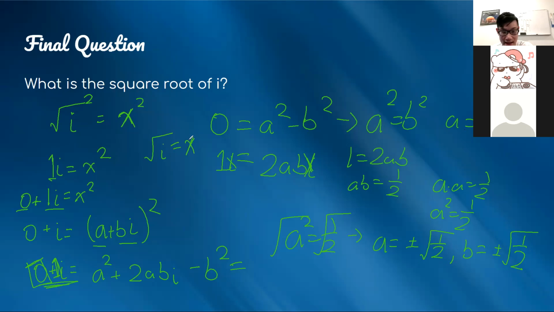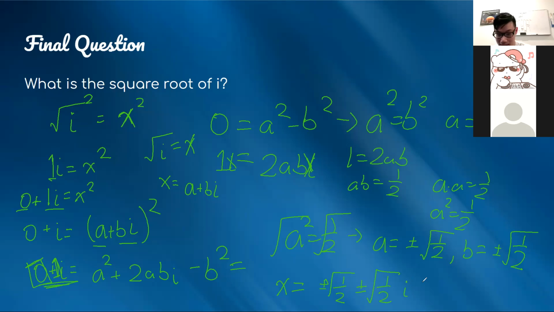We're saying that this equals x, and x is a complex number, a plus bi. We know what a and b are, so we can just plug in. And plus or minus, if you don't know, just means it could be either plus or minus, both work. So plus or minus square root of 1/2, plus or minus square root of 1/2 i.